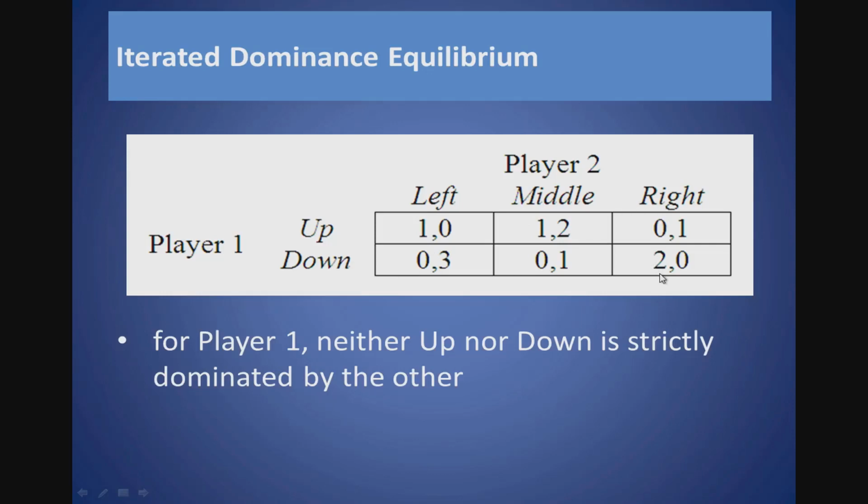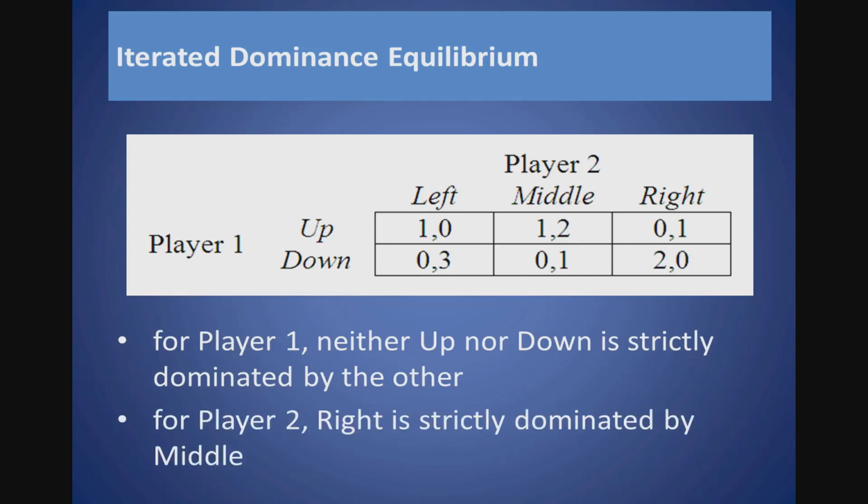So there is no strictly dominated strategy. A strictly dominated strategy is a strategy that always gives a lower payoff. For player 1, is there a strictly dominated strategy? Is one payoff always lower? The answer is no. So that idea that we've introduced so far doesn't really help us, because for player 1 there is no strictly dominated strategy.